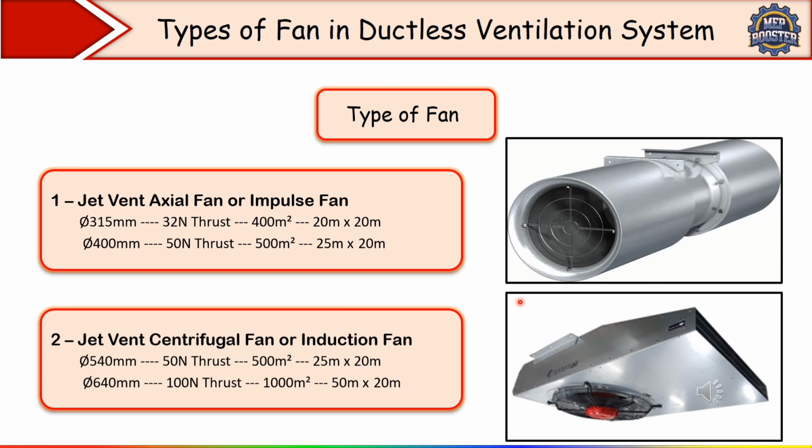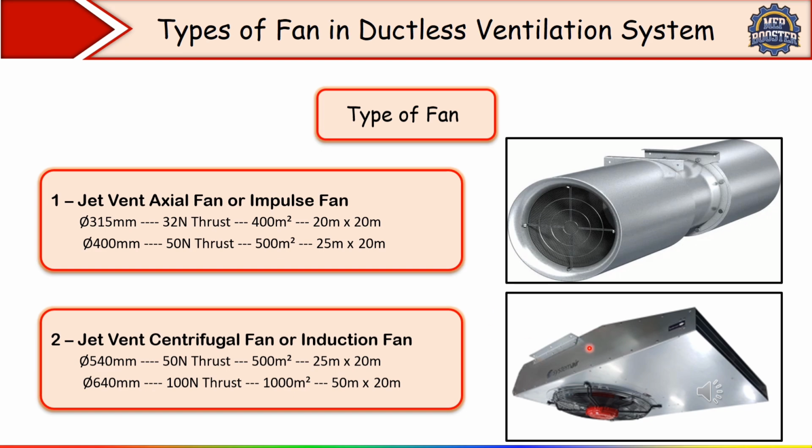Now the other fan is the jet vent centrifugal fan, or induction fan. In this figure, a centrifugal fan is shown. You can suck air from the bottom part and then discharge it through this part, which means the suction and discharge lines are perpendicular to each other in a centrifugal fan. Remember, we generally use this fan when you want to discharge a high airflow rate.